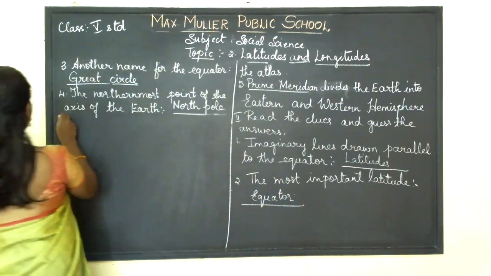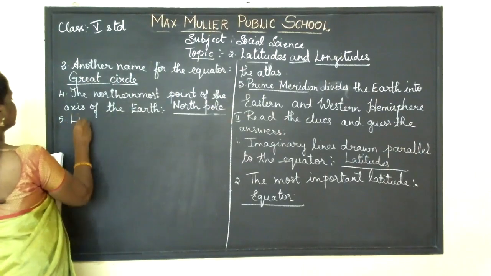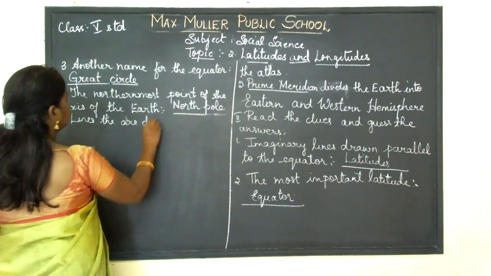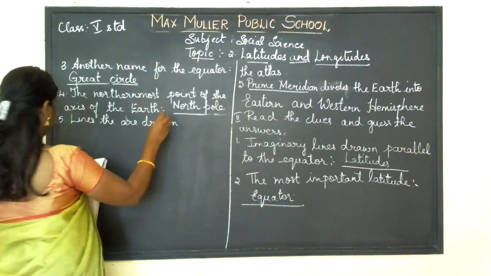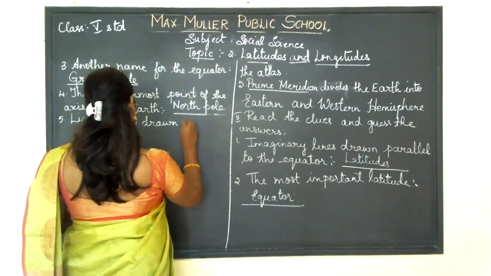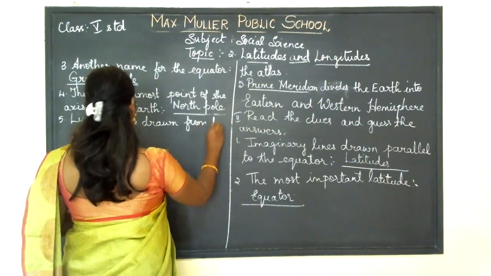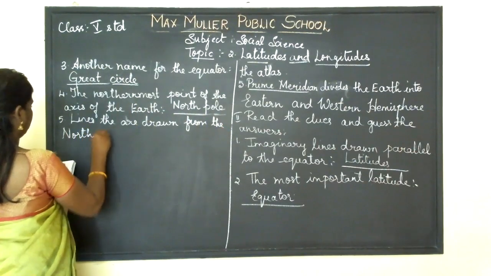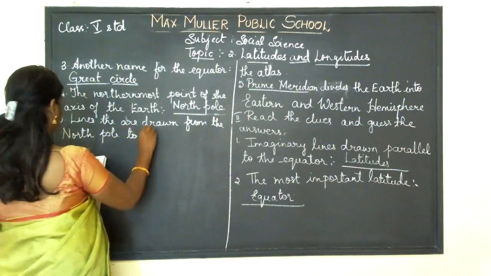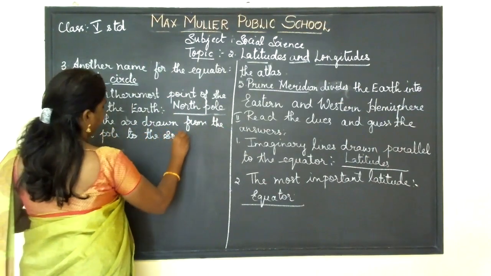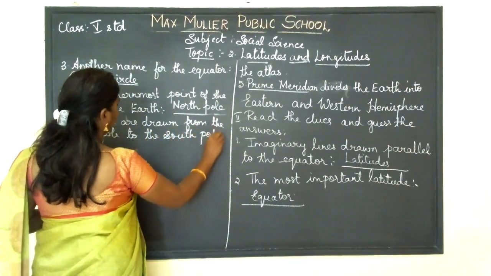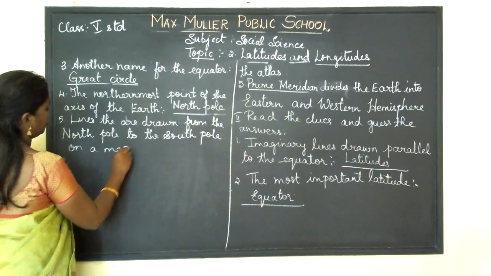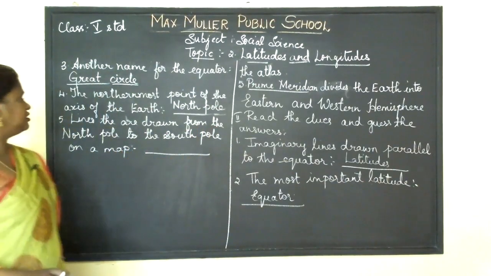So the last one is: lines that are drawn from the North Pole to the South Pole on a map. Children, look here.